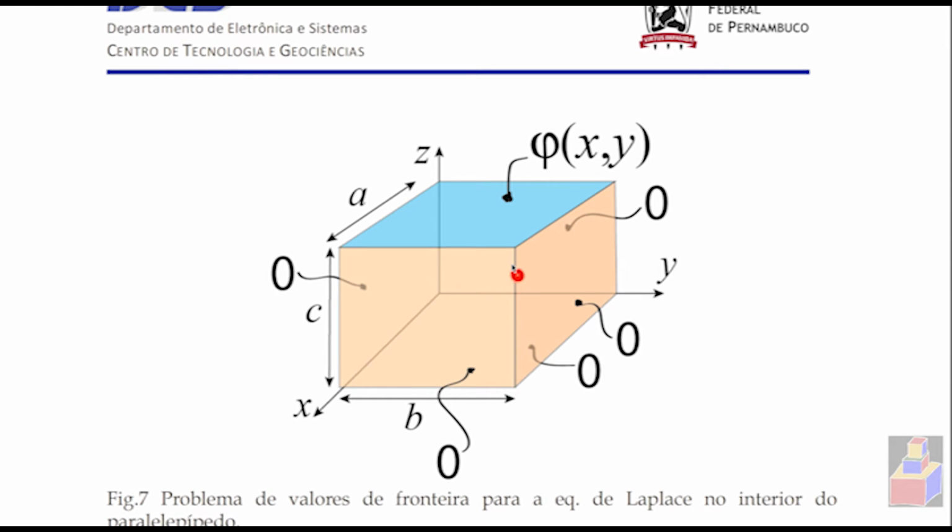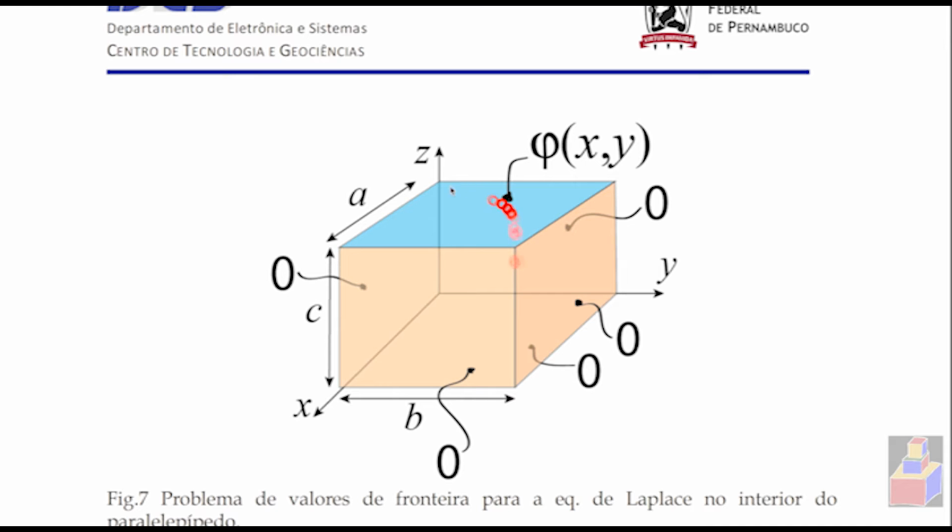Remember that the separation constants have to have two equal signs, and the other has the opposite sign. For this specific problem, we're going to see that in x, the solution has to be periodic. So that's one given choice of the sign. In y also, the solution has to be periodic. And in z, the solution is hyperbolic.